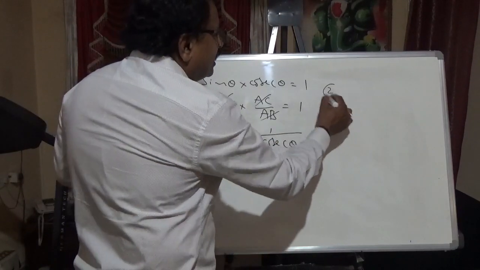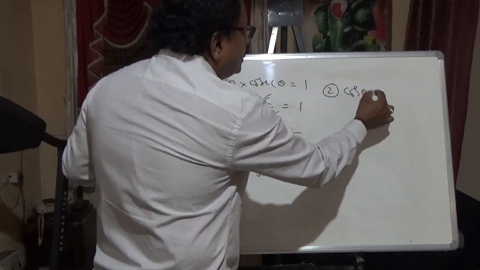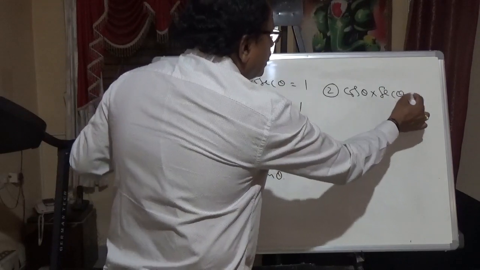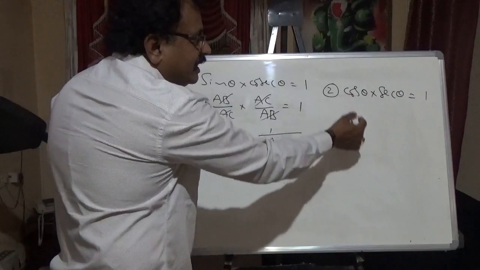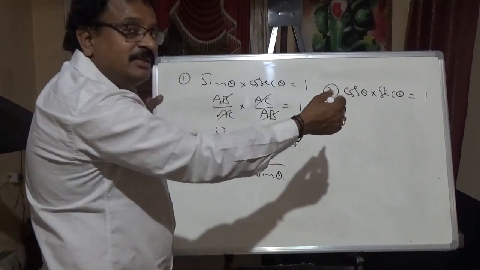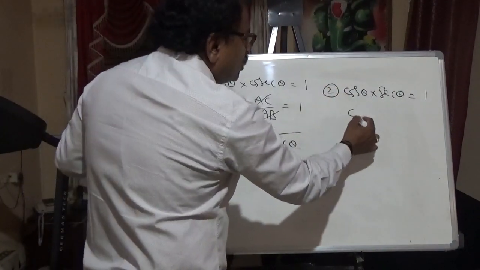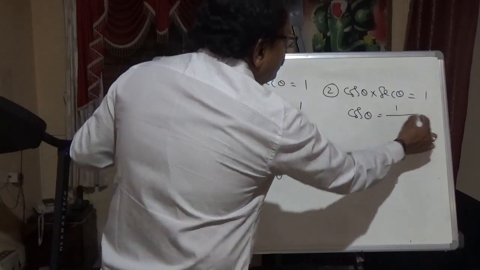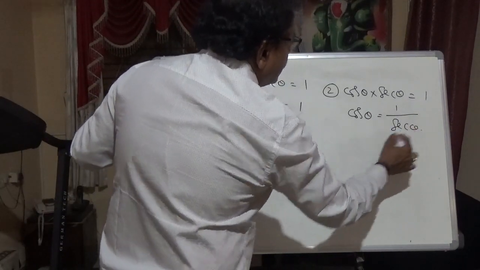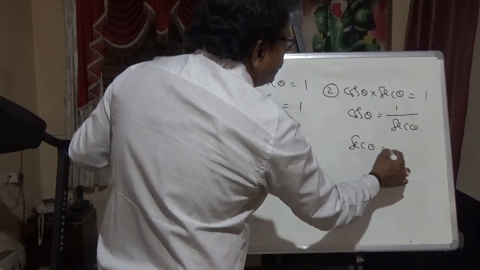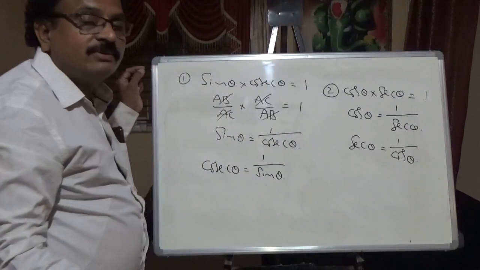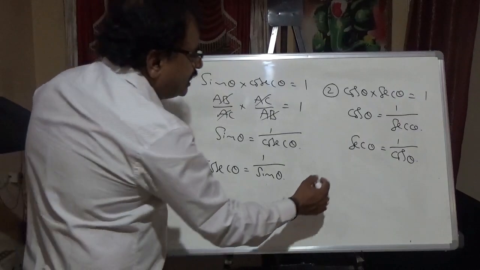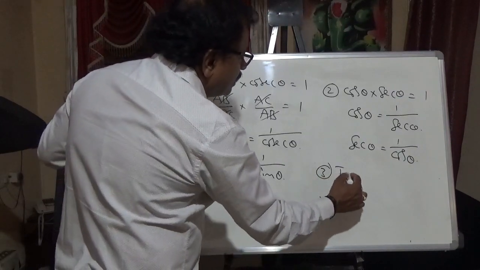The second one, cos theta into secant theta is 1. Similarly, BC by AC, AC by BC, the AC and BC cancel. So cos theta is equal to 1 by sec theta, and sec theta is equal to 1 by cos theta. Tan theta into cot theta is 1.